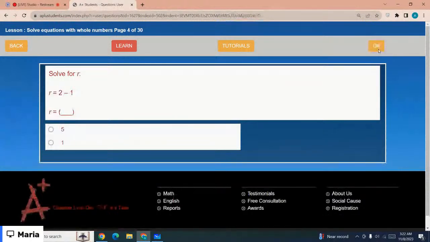So which is the correct option? Yes, 2 minus 1 equals 1. So the correct option is 1. Very good.